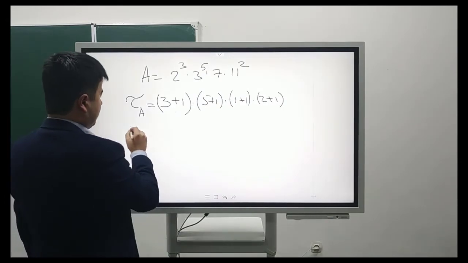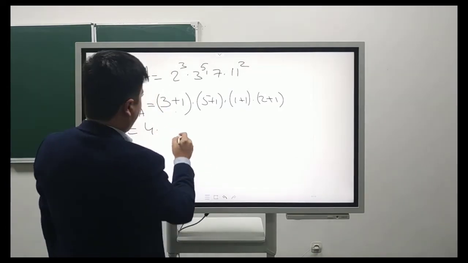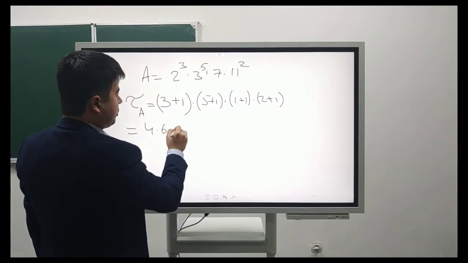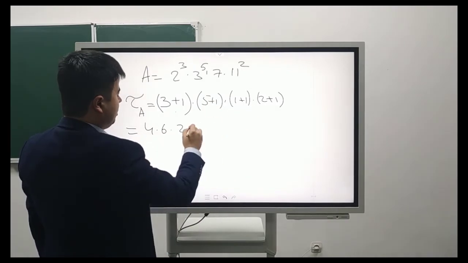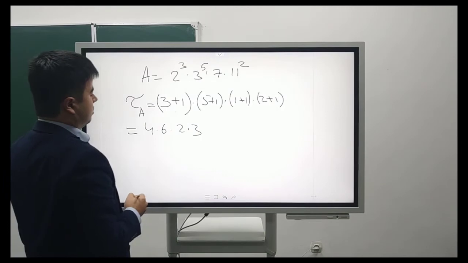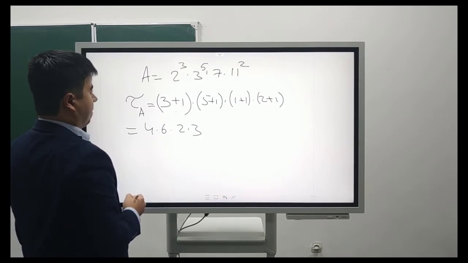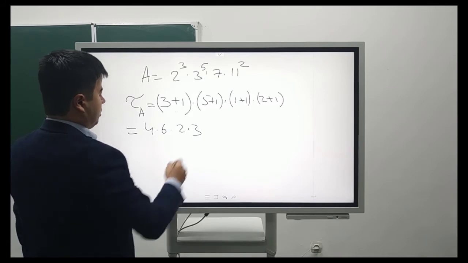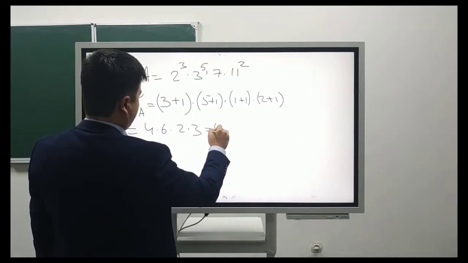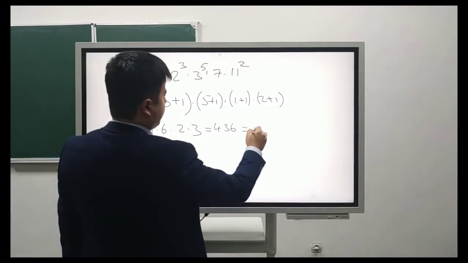So it is 4 times 6 times 2 times 3. So this is the answer of our tau. Here we have 4 times 36, or 144.